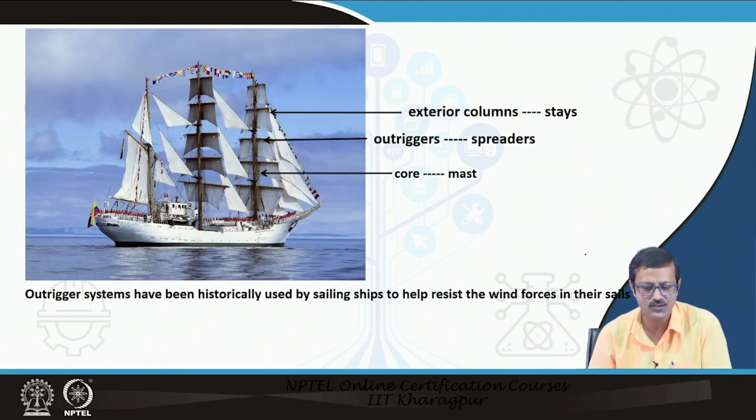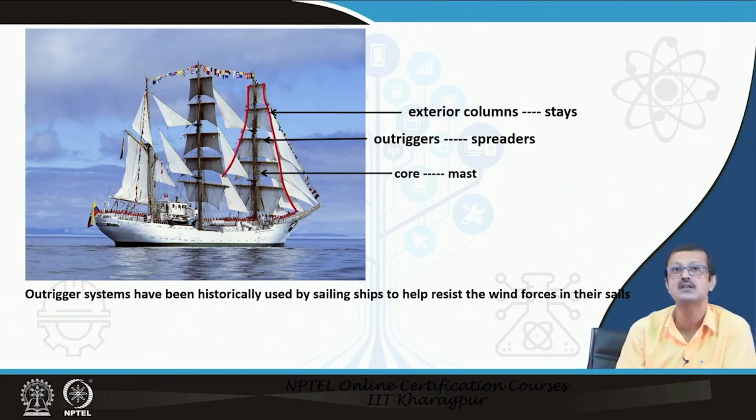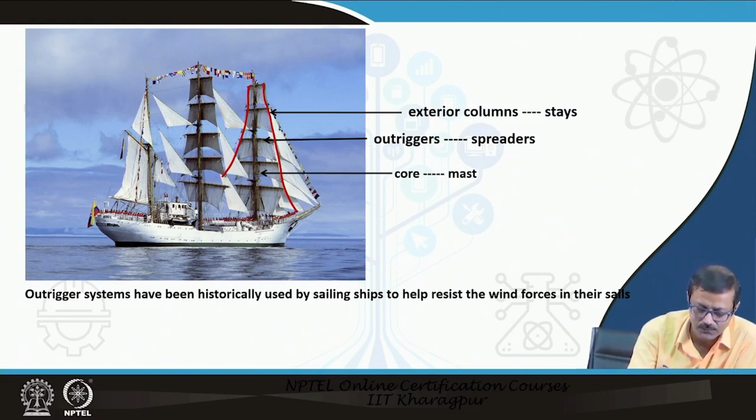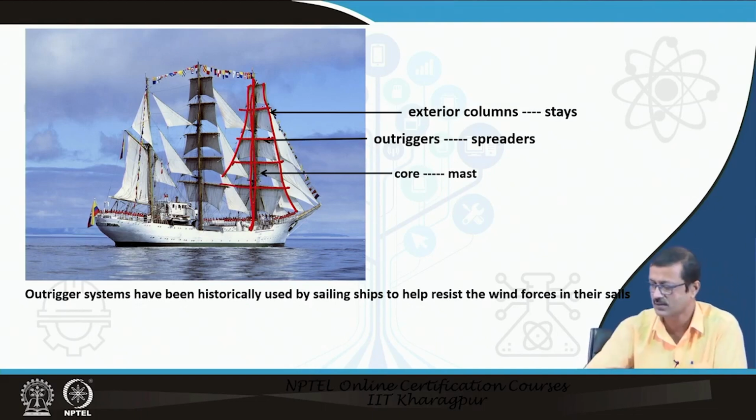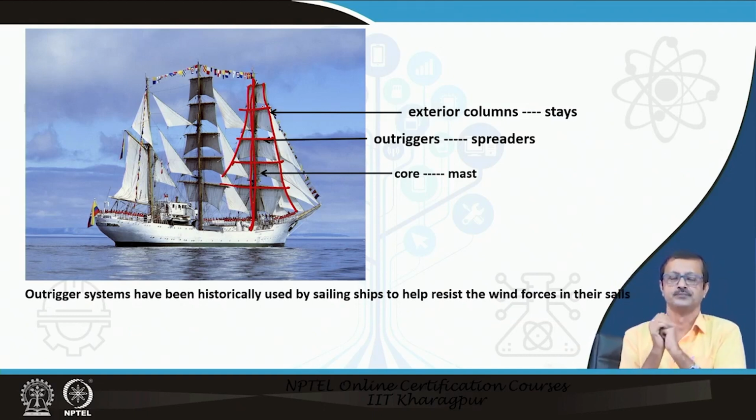The outrigger structure can be compared with a sailing boat. The exterior columns are the stays, these are some of the stays you see. Those are the exterior or perimeter columns, whatever I told you, and the central post or mast is your core, and those are your outriggers. Because of this particular structure, the sailing boat is stable under the force of wind.